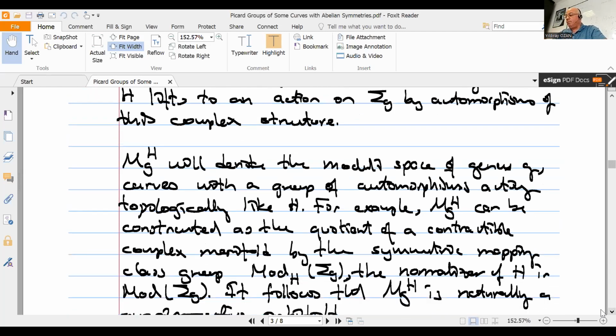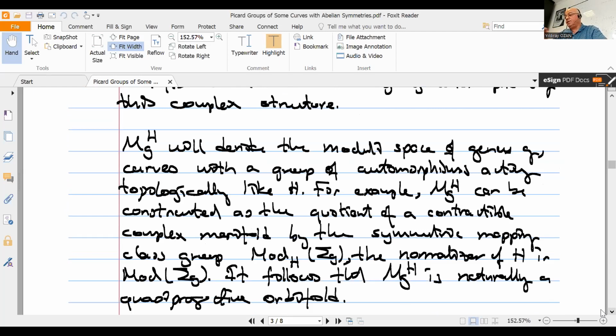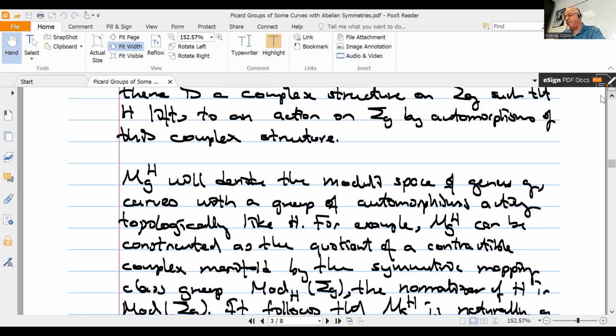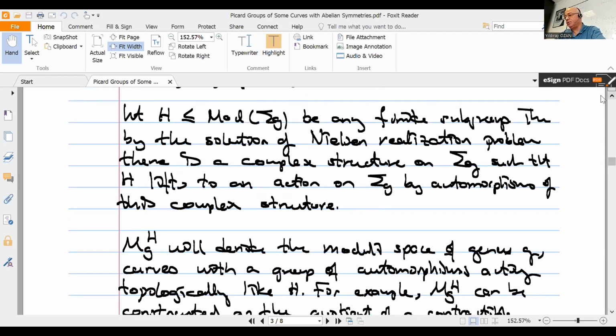Okay, by M_G^H we will denote the moduli space of genus g curves with a group of automorphisms acting topologically like H. So what we mean is, we consider all the Riemann surfaces homeomorphic to our surface so that the group H acts topologically like described by H in the fixed surface.